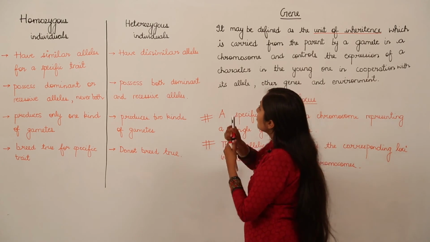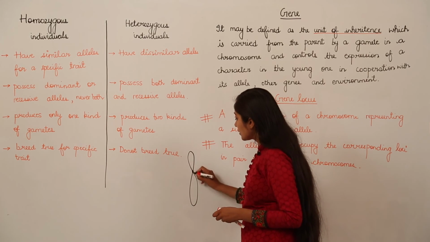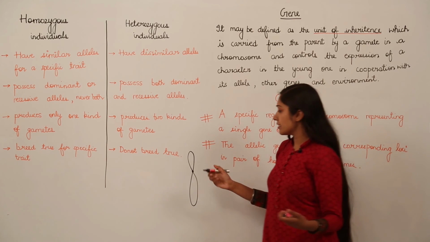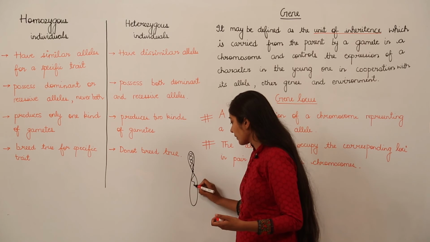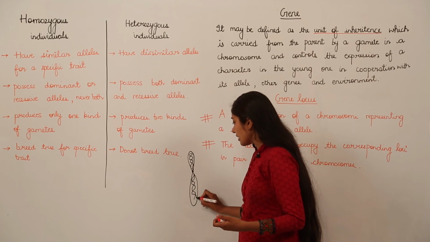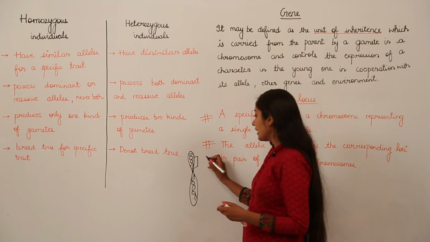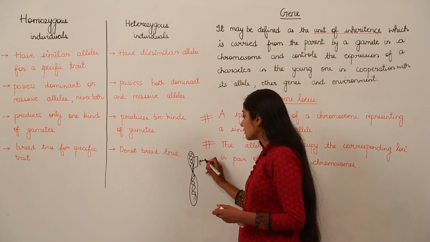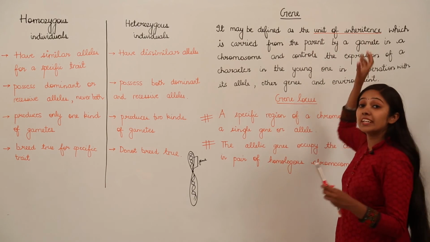For example, if I make a chromosome like this, and if I just want to give you a rough idea of how it is, we have, supposing, a double helical structure of DNA, alright. So, a particular segment of DNA, that is known as a gene, okay. So, these genes are the unit of inheritance.